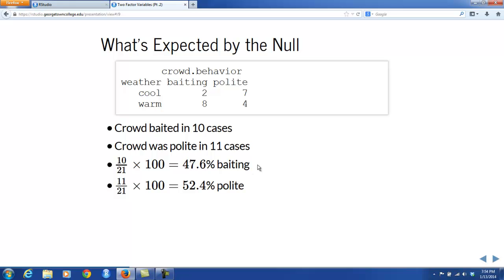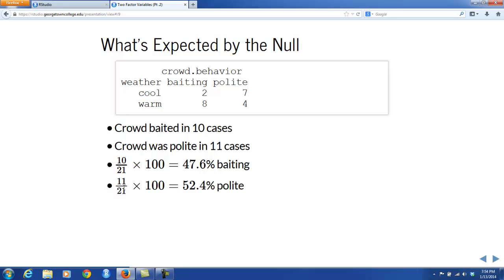So 47.6% of the time, the crowd was baiting in the incidents that we got to study. That's our best guess, as believers in the null hypothesis, at the chance that a crowd in general would be a baiting crowd. We just take the percentage of times that crowds that we saw were baiting and use that as our estimate.